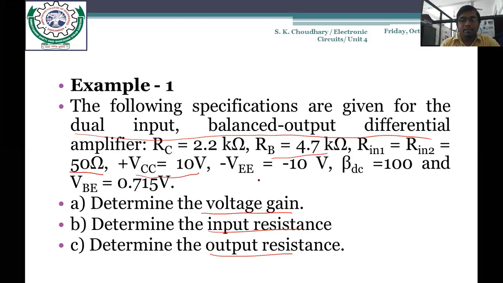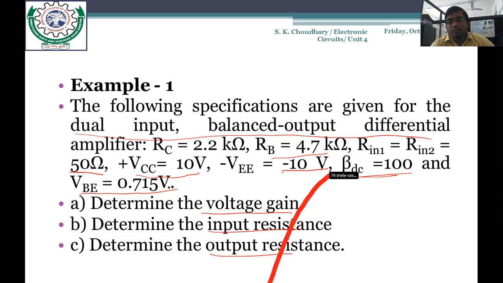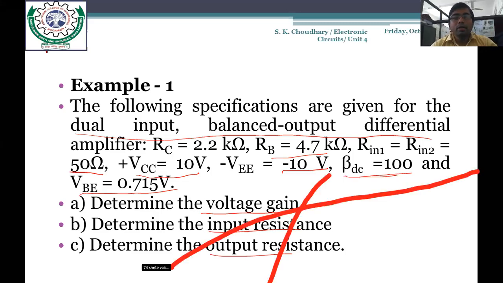Positive power supply VCC is plus 10 volt, and negative supply is minus 10 volt. Current gain factor beta DC is 100, and base to emitter voltage is 0.715 volt. So for this specification, you have to calculate these unknown variables.